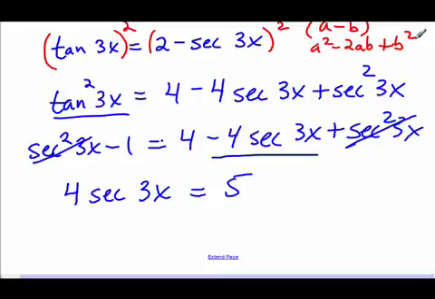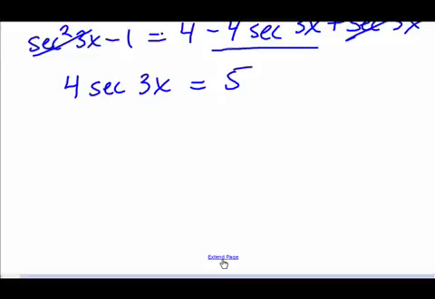Okay, let's get secant of 3x isolated. Divide both sides by 4. We have the secant of 3x equals 5/4. Now, I don't like talking in terms of secant. I'd rather talk in terms of sine, cosine, or tangent.